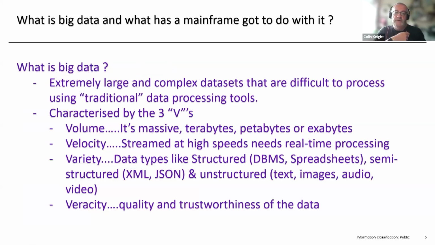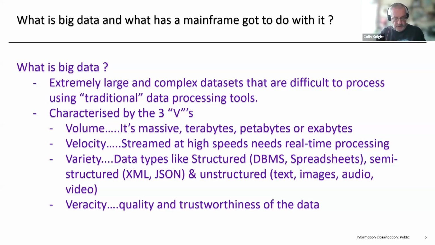It's extremely large and complex data sets that are difficult to process using, quote, traditional data processing tools. Okay, I don't get much out of that statement, to be honest. Traditional data processing tools, well, why? So that asks more questions than it answers. But I think the next section really is looking at what we call the 3 V's.